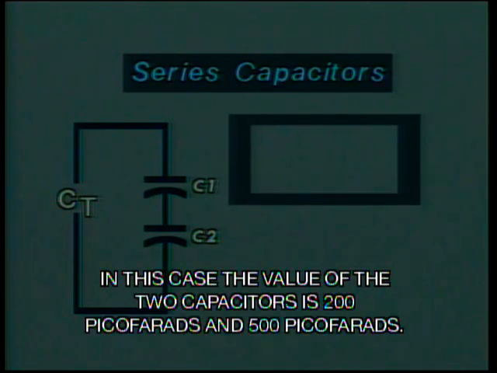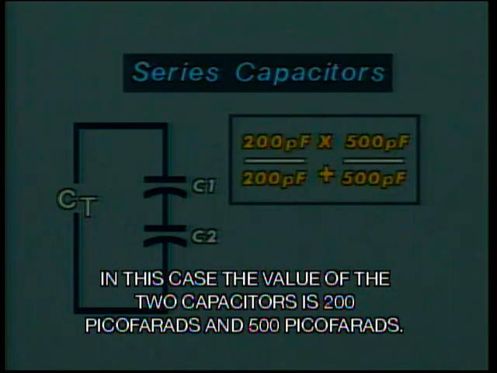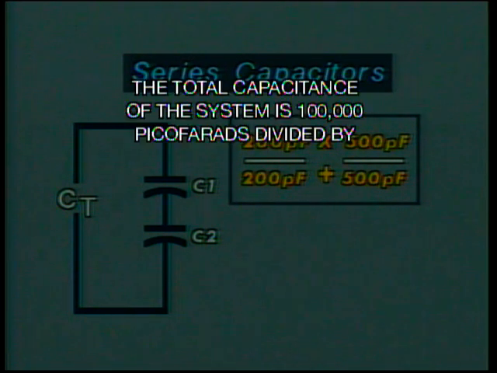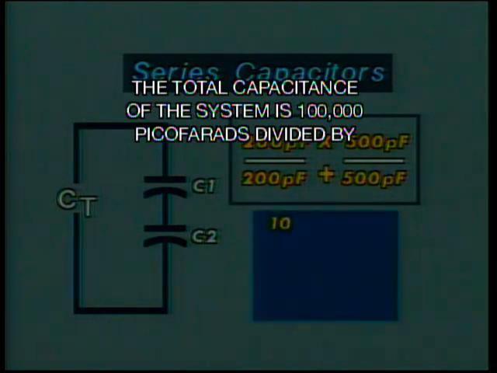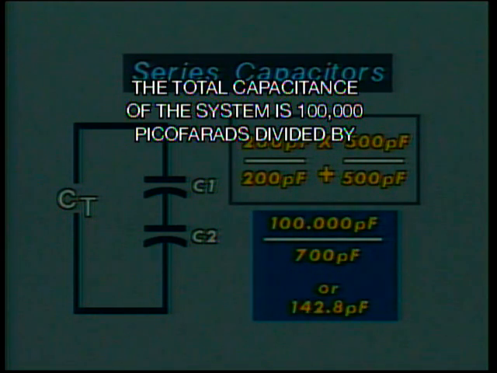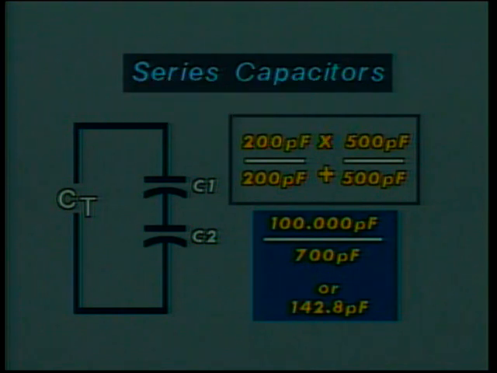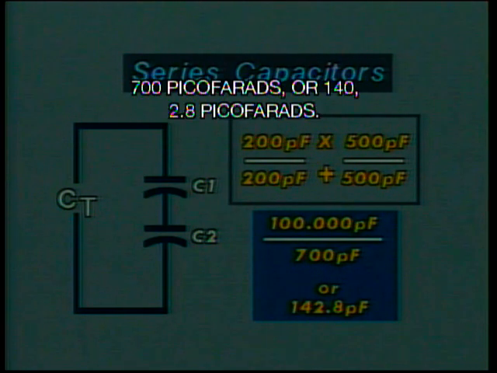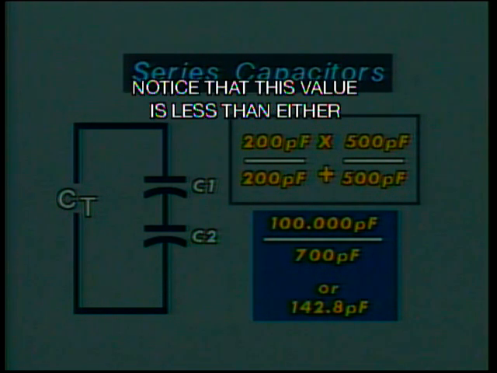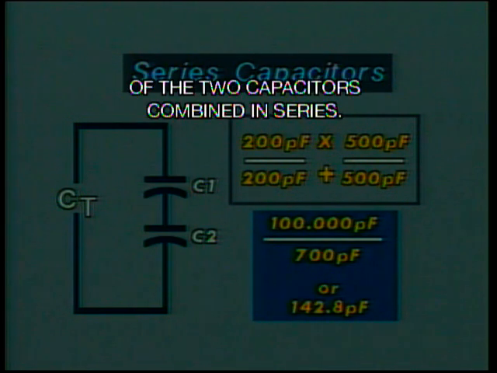In this case, the value of the 2 capacitors is 200 picofarads and 500 picofarads. The total capacitance of the system is 100,000 picofarads divided by 700 picofarads, or 142.8 picofarads. Notice that this value is less than either of the 2 capacitors combined in series.